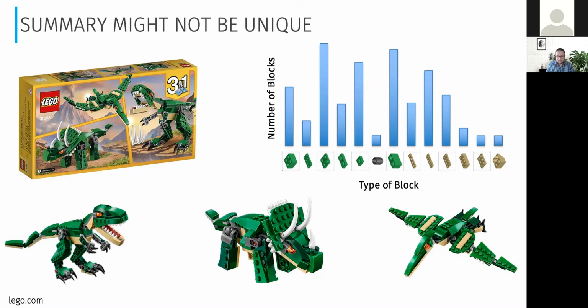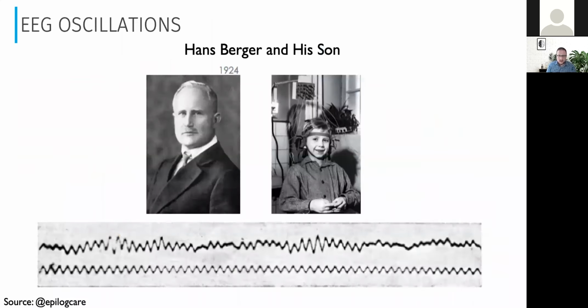So let's get back to our good friend Hans Berger in the 1920s. Here he is with his lovely young son. If you look at the history of the electroencephalogram, and in particular sleep, people like to experiment on their children, which is just an interesting trend.